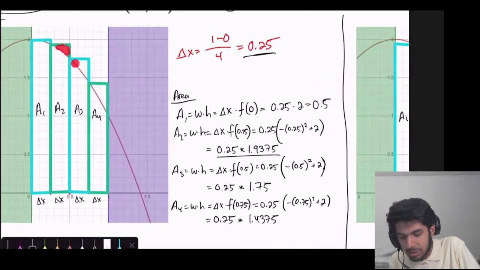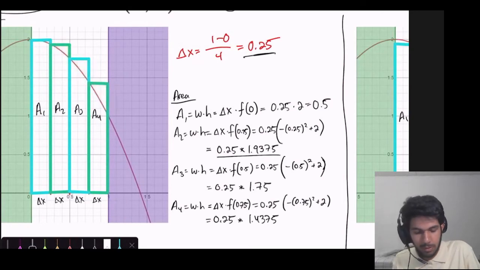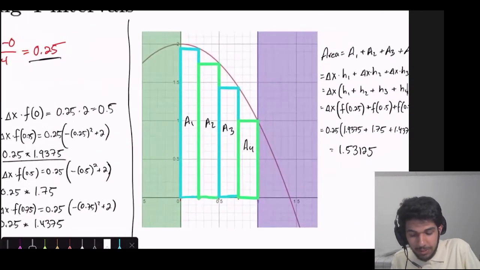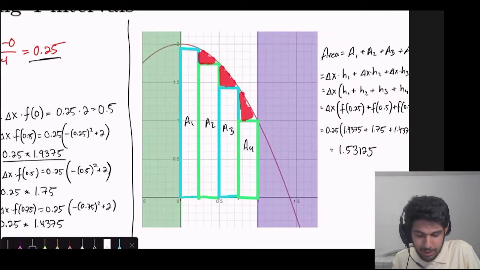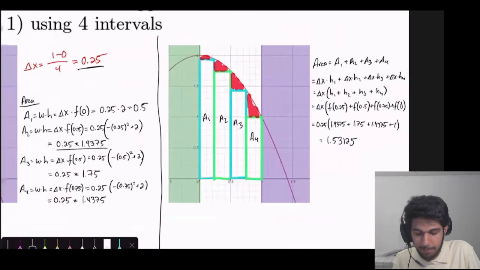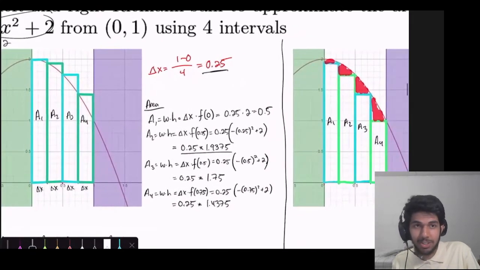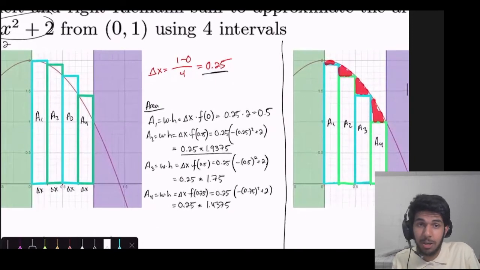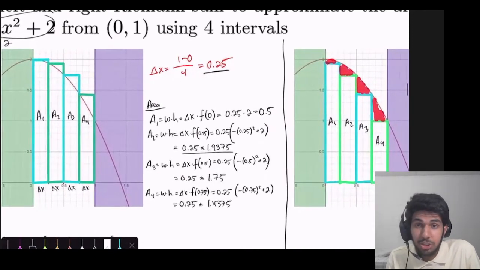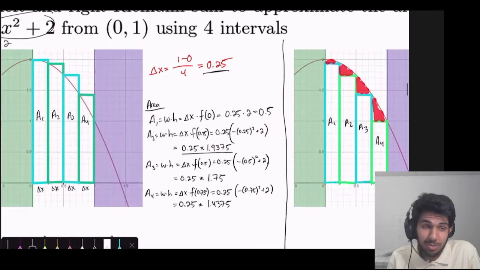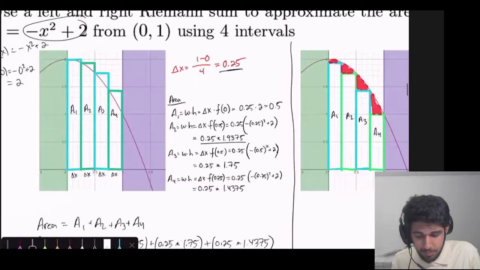We have these extra areas here that we don't care about. Here, we're severely underestimating. We're missing out on these areas under the curve. So in the left-hand side, the red areas on the right are accounted for, but we go over. So it should make sense that the left hand is even greater than the right-hand side.